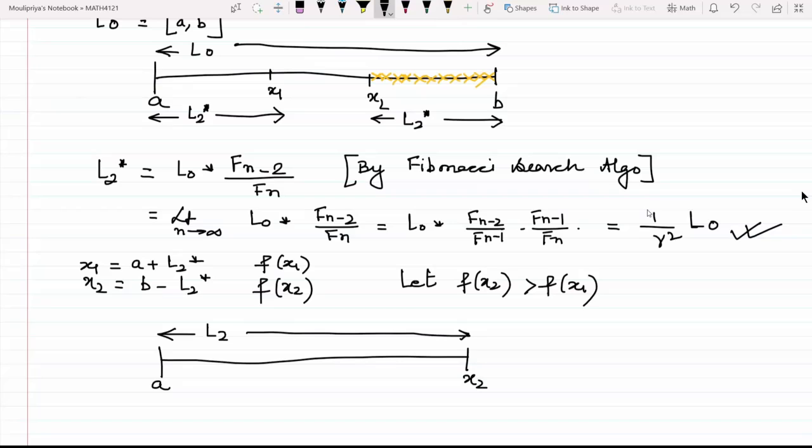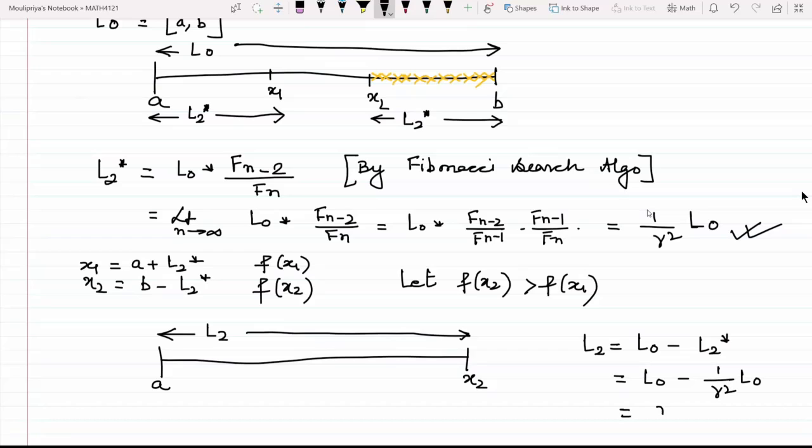Now, how do we find L2? L2 is actually L0 minus L2 star. Do correct me if I am wrong. So this is L0 minus, what is L2 star? L2 star is 1 by gamma square L0.